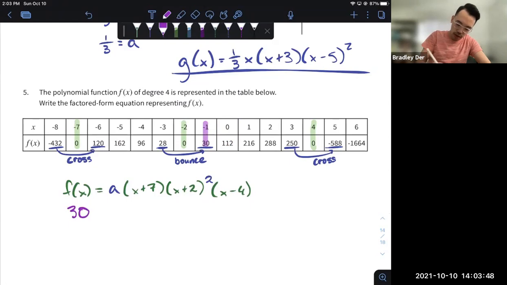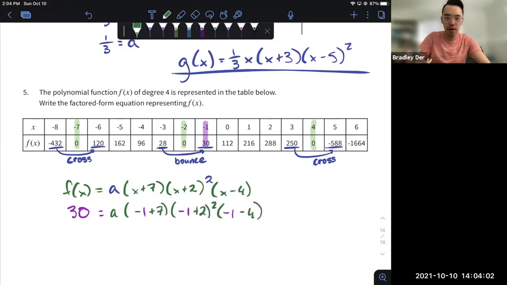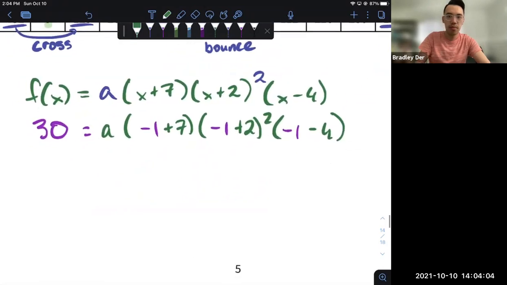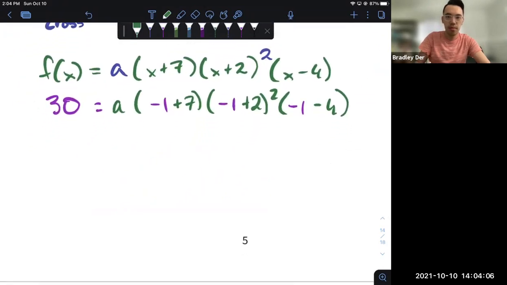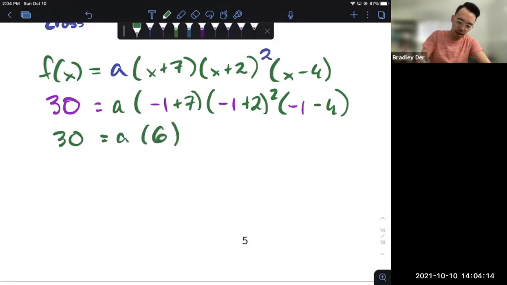So 30 again in for y, -1 for all of our x values, and we'll keep the rest of the equation. Right, and now it's time to solve. So 30 is equal to a times -1 plus 7 is 6. -1 plus 2 is 1, squared is 1.